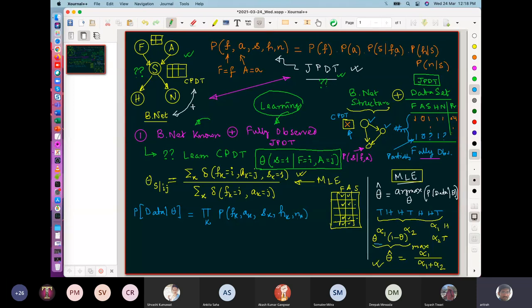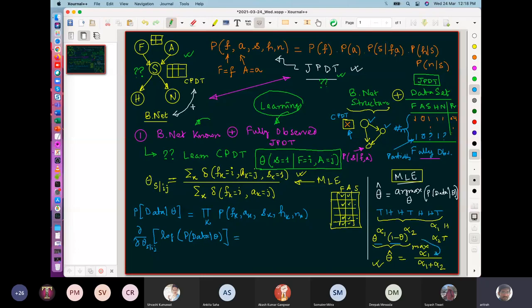As we did a multiplication of probabilities of heads and tails, here there are many combinations, so we take a multiplication. Effectively, what you need to do is take the derivative with respect to theta of Sij and maximize the log likelihood, the log of probability of data given theta, from which we derive this one.